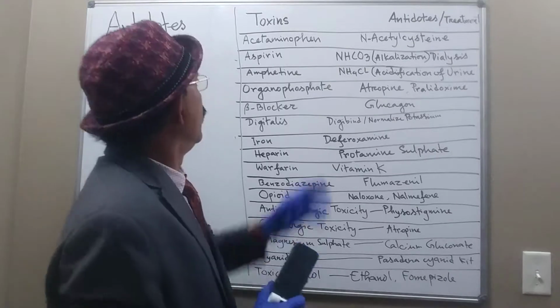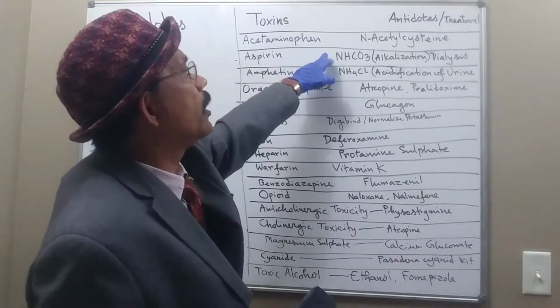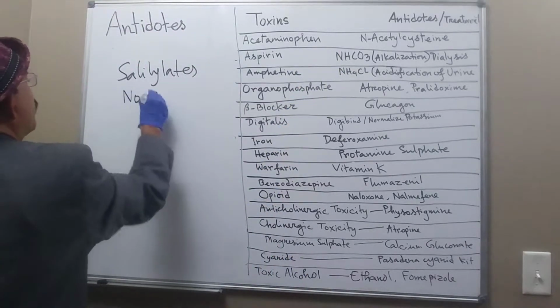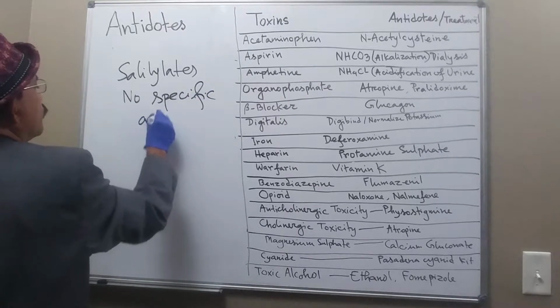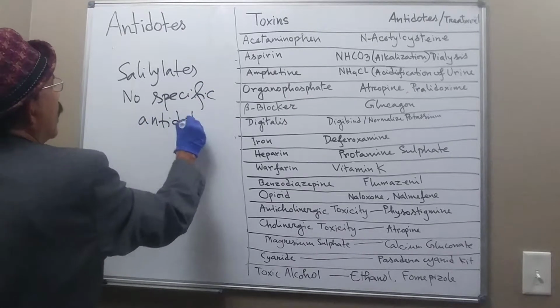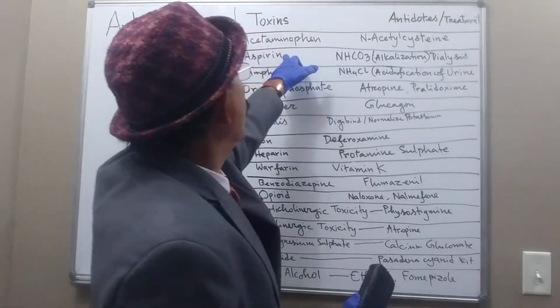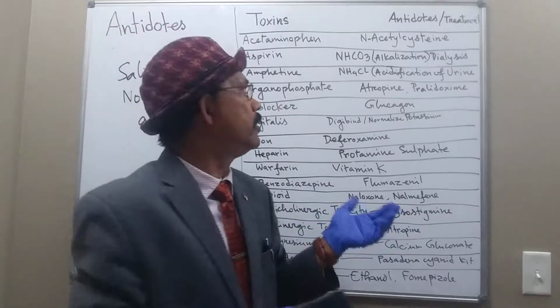Then we'll go to aspirin, that is the salicylates, acetylsalicylic acid. Aspirin has no specific antidote. So how will we manage a patient who took a lot of aspirin accidentally or to commit suicide?